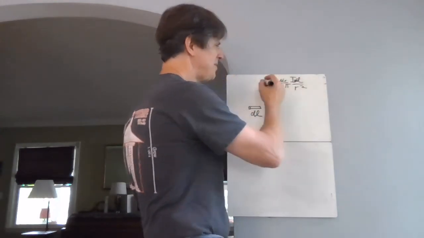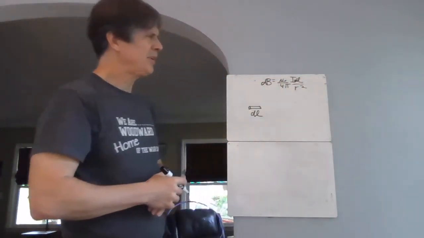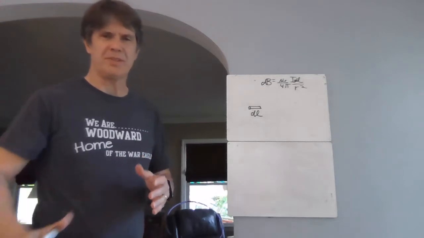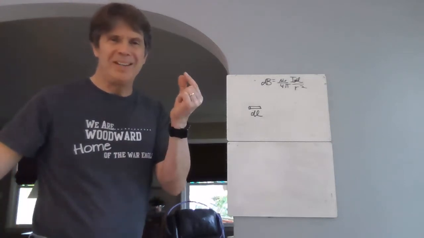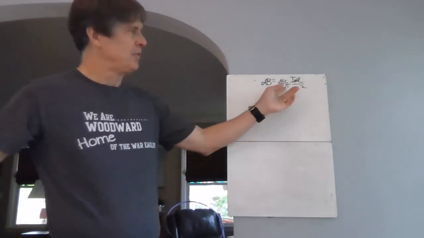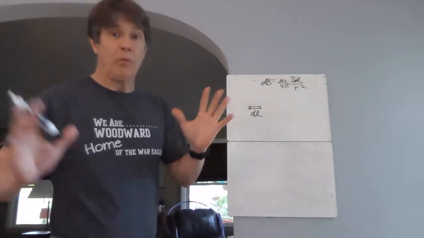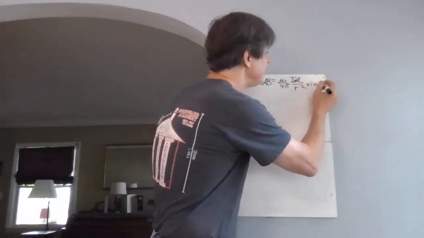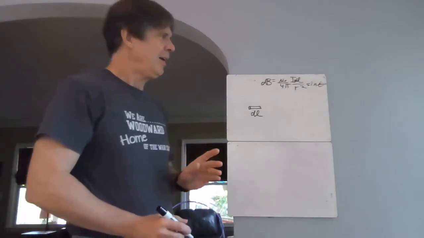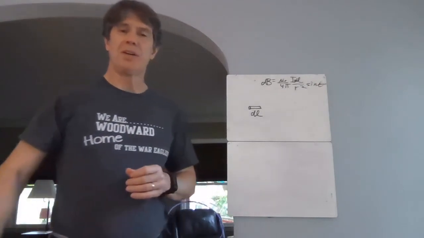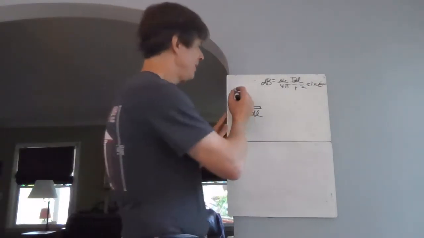But that means it's just a little bit of field. So I've really got a differential expression, or infinitesimal little bit of the field, equal to that stuff. Oh, sine theta, got to be somewhere. We have here the makings of something called the Biot-Savart law. I'll go ahead and write that.